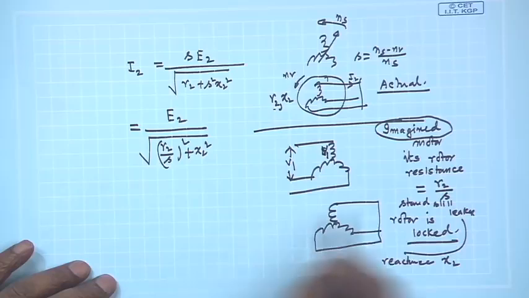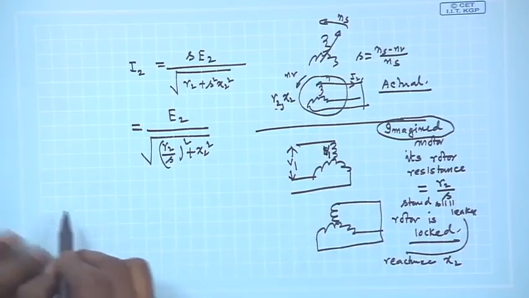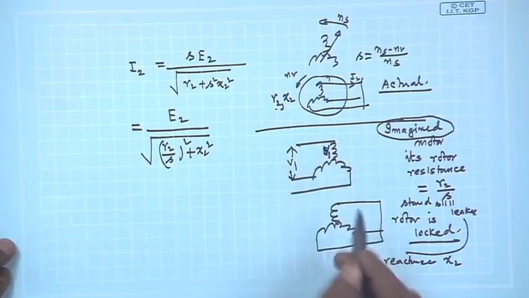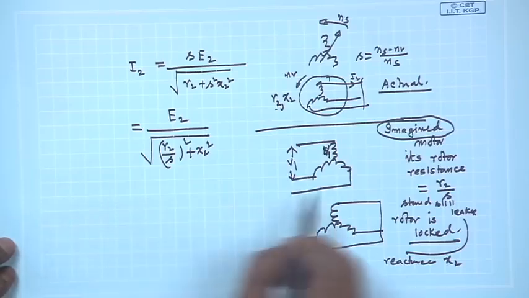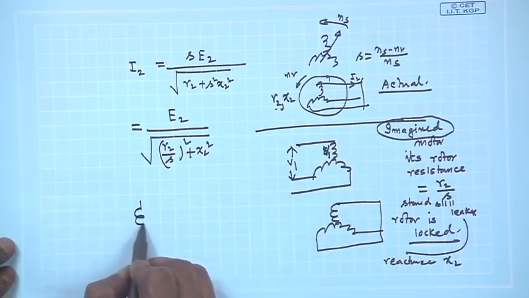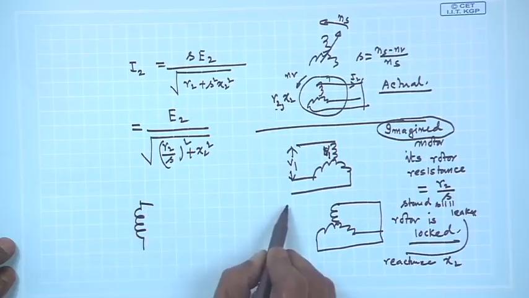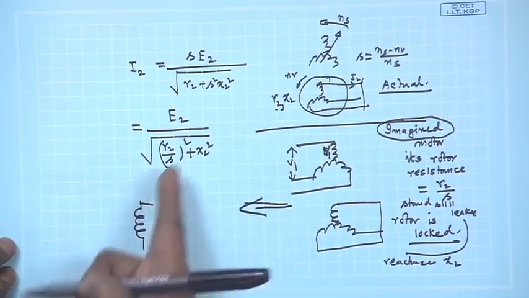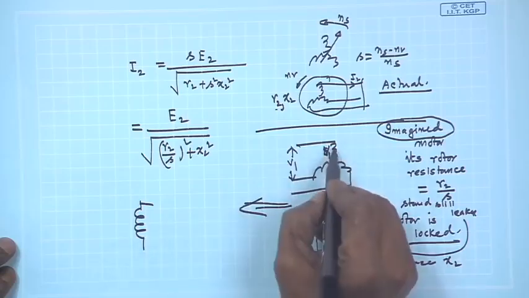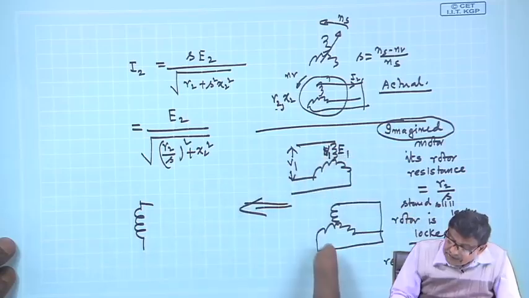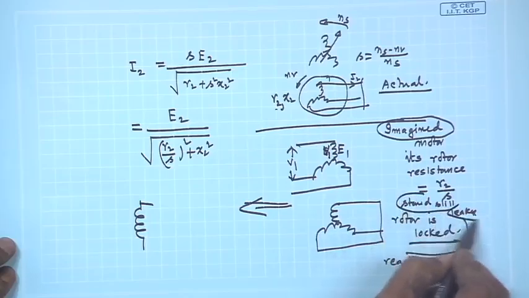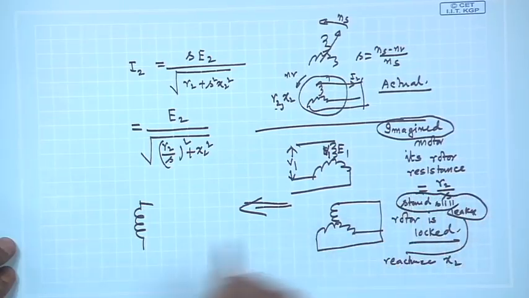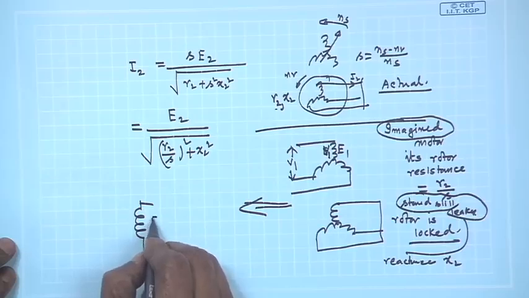And what will be the voltage induced for the rotor circuit? You have applied E1 here, this machine is at standstill condition, this is important. Therefore, it will have an induced voltage E2.